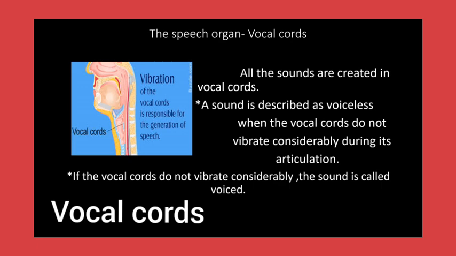Their primary function is that they prevent things from entering into the windpipe, a piece of food, a drop of water, etc. So preventing things from entering into the windpipe is their primary role.